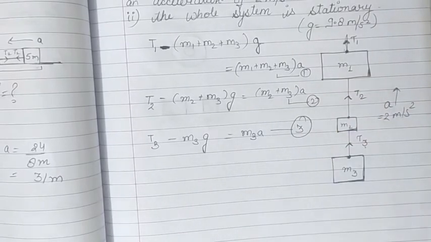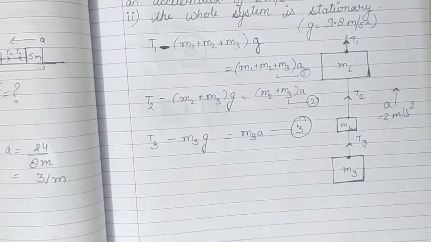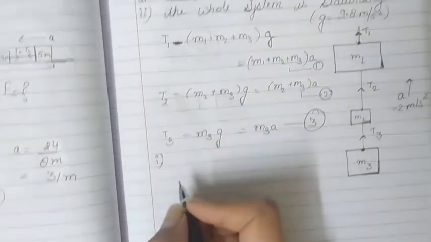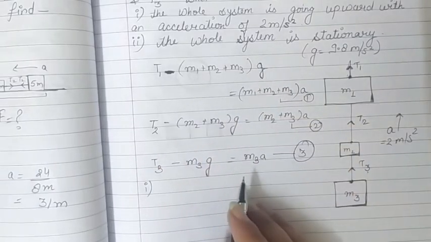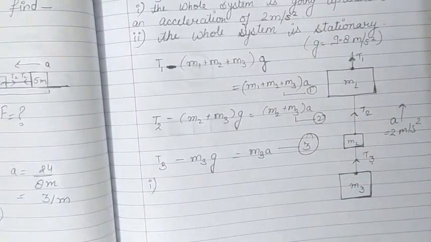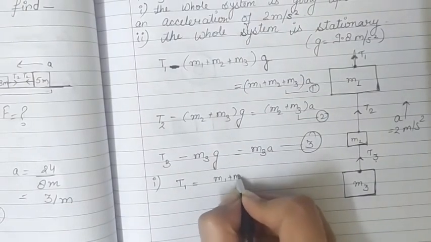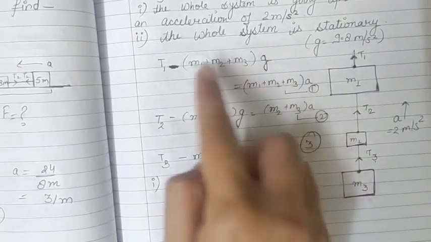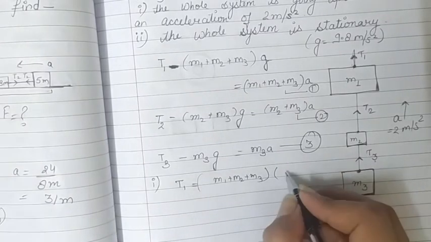Now for case 1 of this question, we will put acceleration equal to 2, and for the second case we will put acceleration equal to 0. So for case 1, I am going to put acceleration equal to 2 and we'll solve these equations one by one. So we get T1 is equal to (m1 + m2 + m3), which is common in both terms, if this term comes to the right side, and within the bracket we will get a plus g.